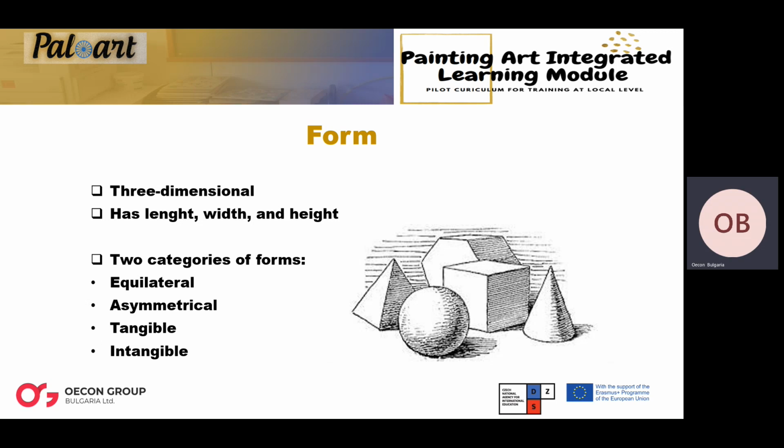Equilateral. In this case, the form's shapes are set and are mostly based on geometric shapes such as circles and cubes. These forms are less intellectually stimulating and have a monotonous appearance. The most common use of geometric shapes is in architecture. Asymmetrical.